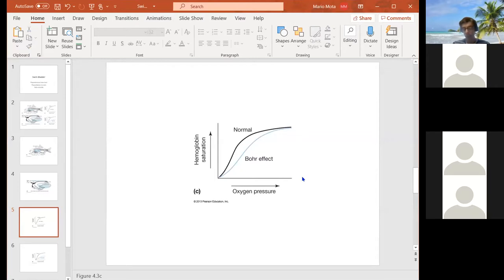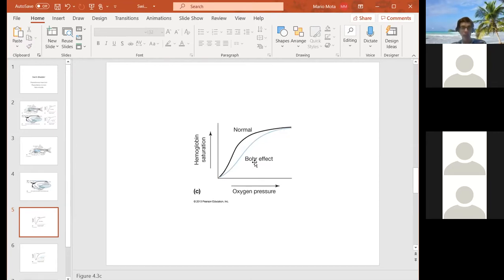One cell can carry 4 units of hemoglobin. The graph shows the normal curve: the red blood cells start to get saturated, then they reach a level where they are fully saturated. So what the Bohr effect does is lower the pH.